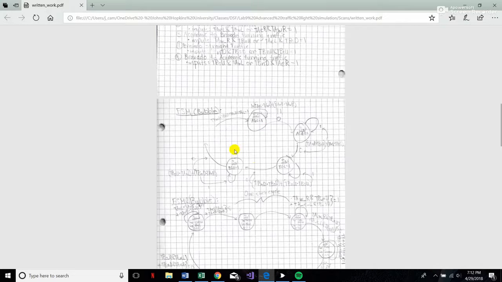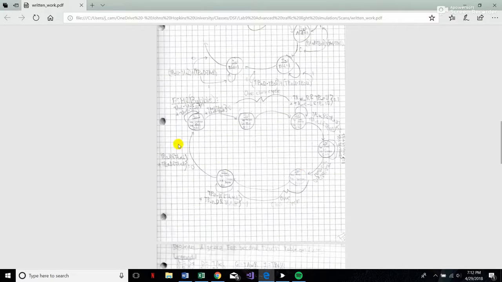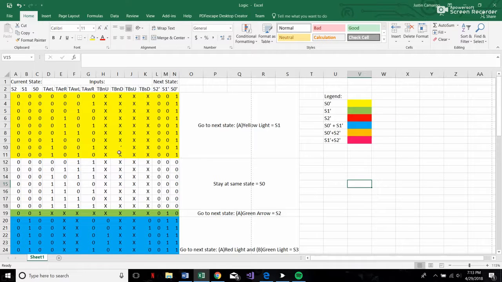But upon looking at that, I realized that I didn't include enough states and that it was generally not descriptive of the desired behavior. So I created a second draft and I created a state transition table right here.